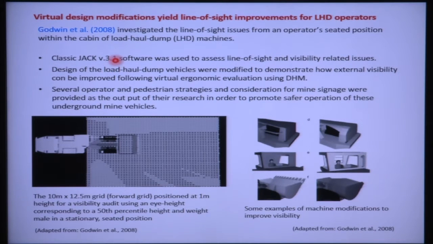In load haul dump machines, virtual design modification yields line of sight improvements for LHD operators. In their study they used the digital human software JACK to assess line of sight and visibility related issues.